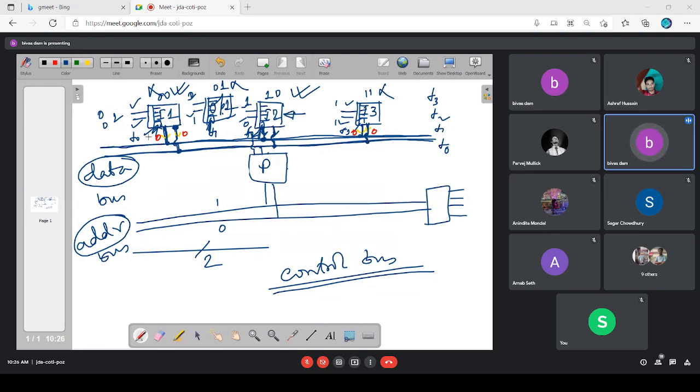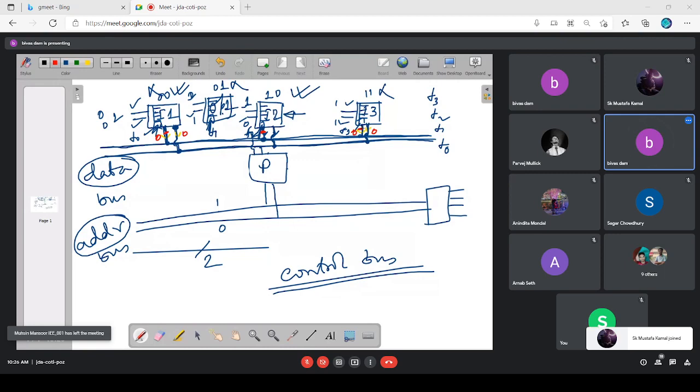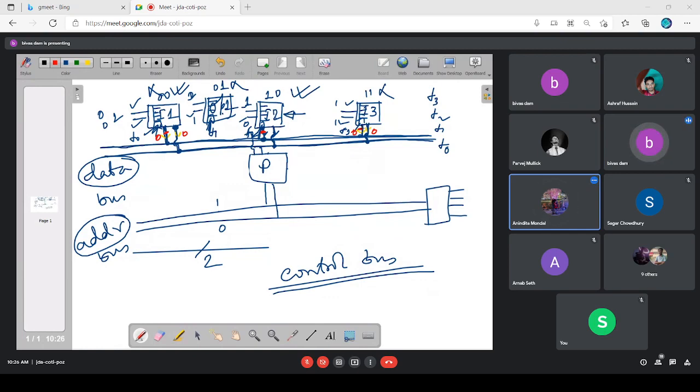Now, what happens to this particular output, this particular output, and this particular output? Are they shorted or not? These three outputs of the three different input devices? Yes, sir. They are shorted because they are connected through this particular wire of the data bus. The same is true here.